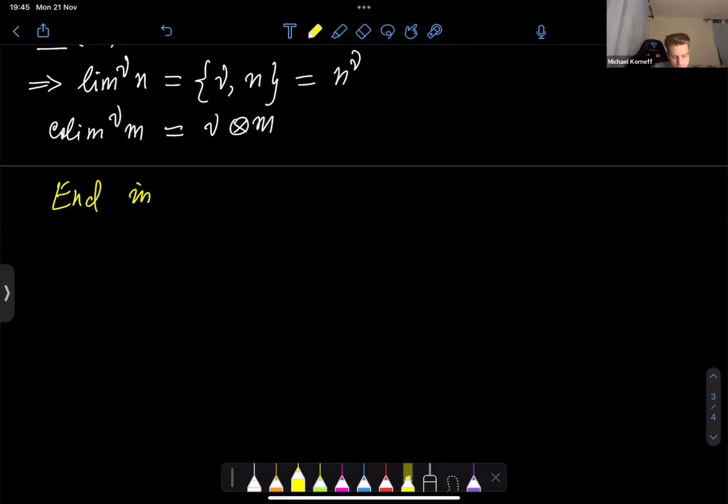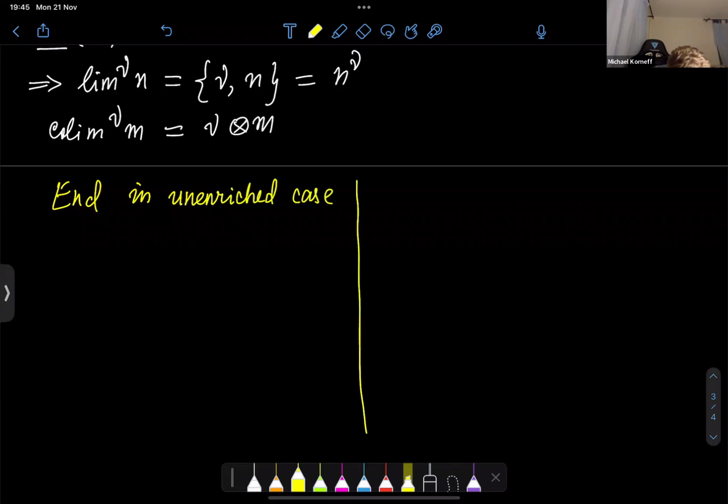I would like to give two definitions, the first one in the unenriched case, and the second in the enriched case.